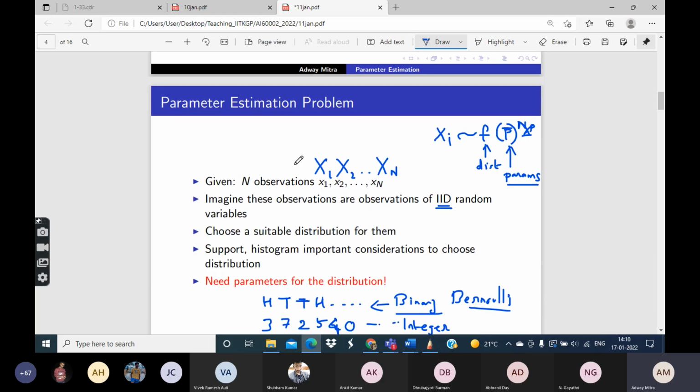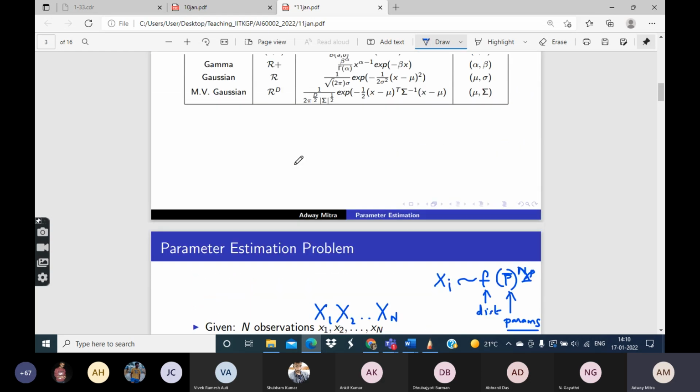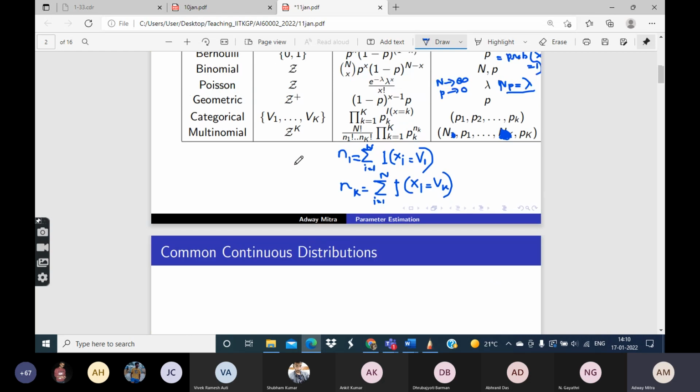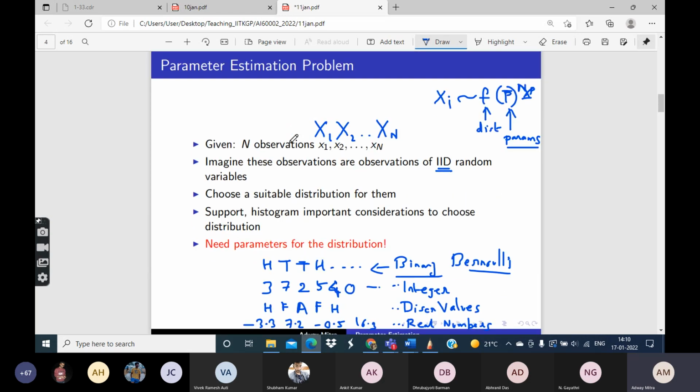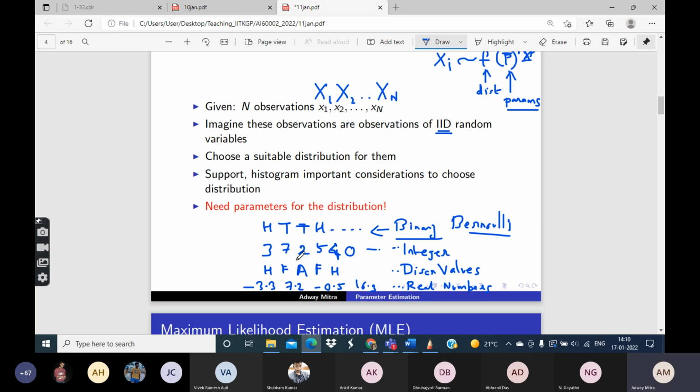If it is only positive integers, then we may as well go for the geometric distribution. On the other hand, if we see these kinds of discrete variables, one thing we can do is map these discrete values to integers and then just use the binomial distribution, but that may not be very suitable.